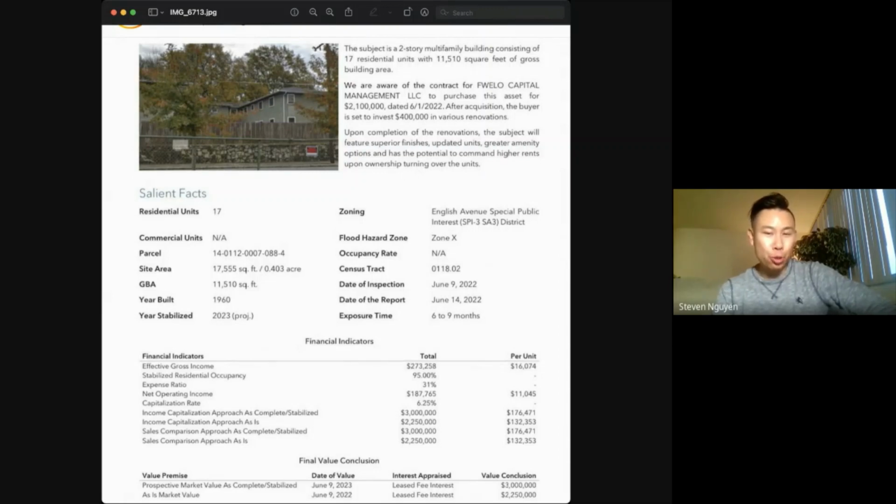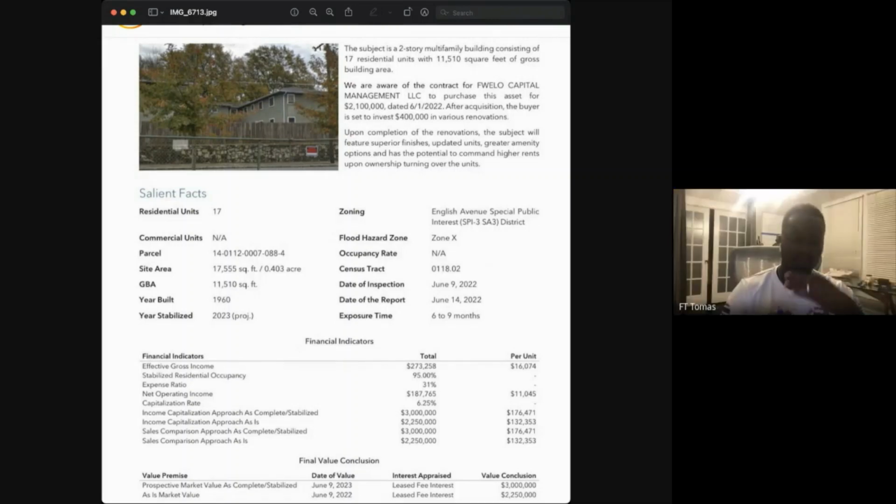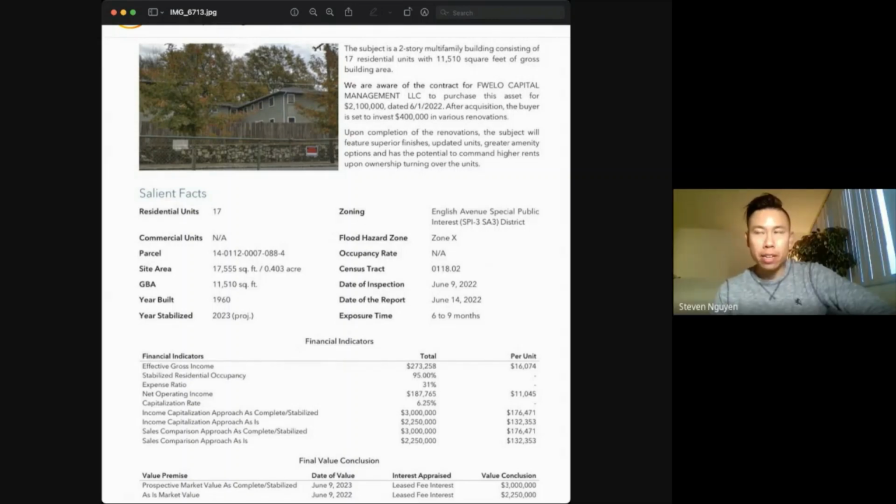Like if you truly can buy at a good price, not 2.1 million, and you're able to renovate these units for 15 to 20K each, and then you can double the rents, that's a home run, right? So at this point already, this is at a 7.5% interest rate, right? You're breaking even.